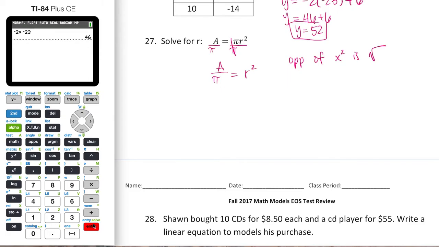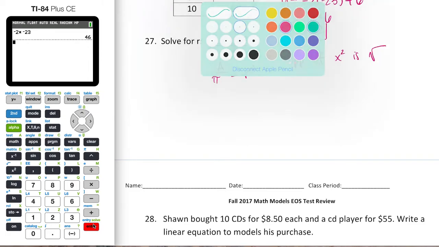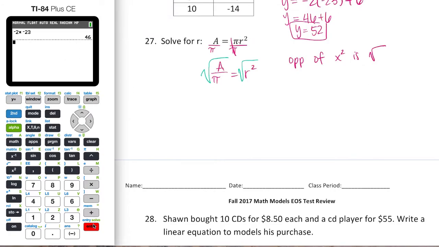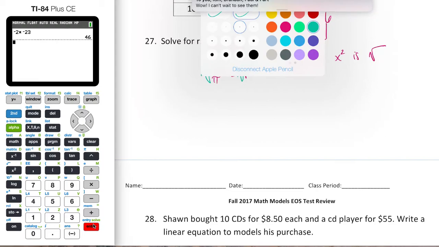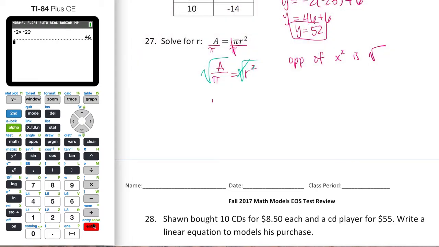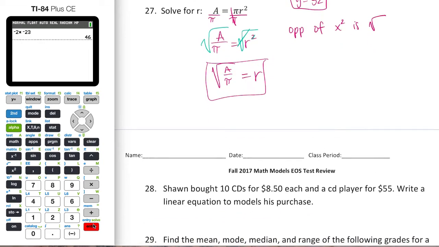So we are going to square root both sides. That square root is going to cancel out that square. So the square root of a over pi equals r. And that is all we can do. It looks messy, but we're just going to leave it that way.